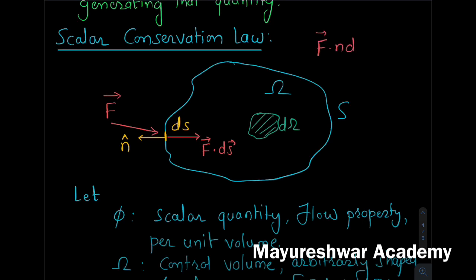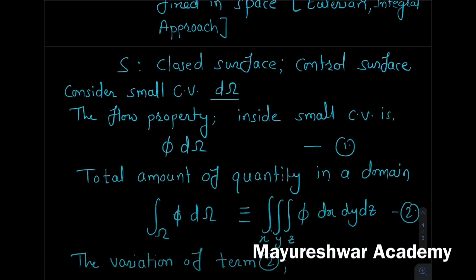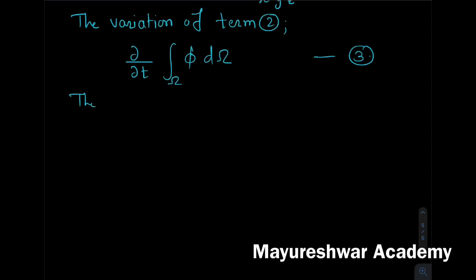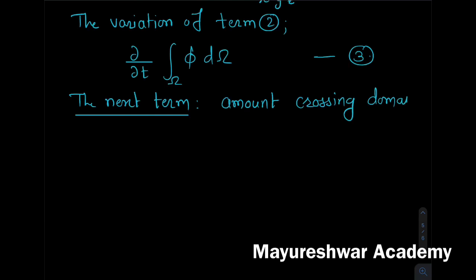Okay, so this is along the normal direction, so f bar dot n ds is actually equivalent to f bar dot ds bar, so we need to note this. It's a scalar product, we need to note, because the final product has to be scalar. Okay, so the next term according to our statement of conservation is the amount of flow property crossing the domain.